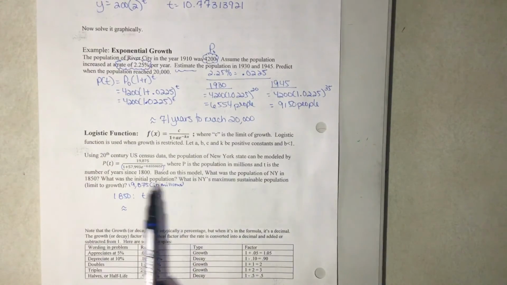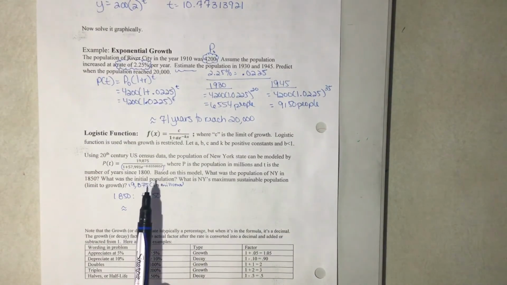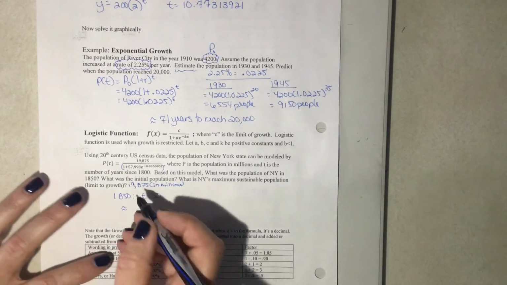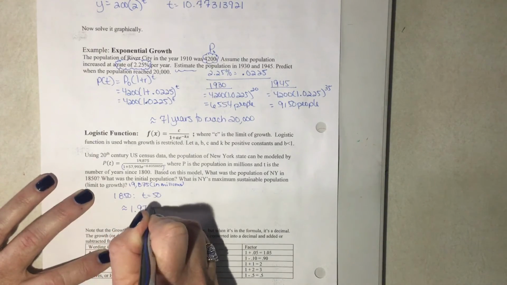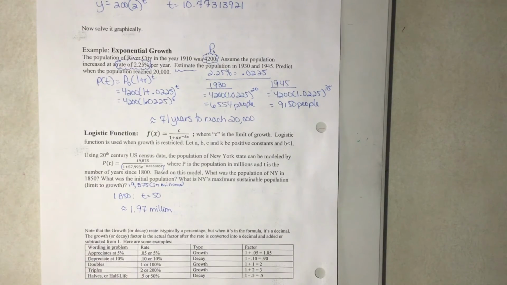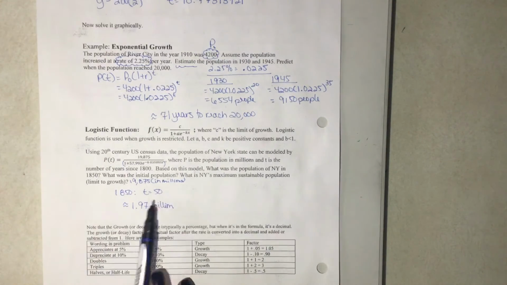So by plugging that in, and don't forget you're using e to the x power, which is the one right above the LN button. And you can check my work on that. I got about 1.97. And that's negative 0.035005, and then times 50.